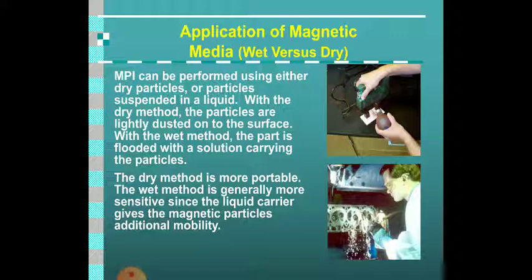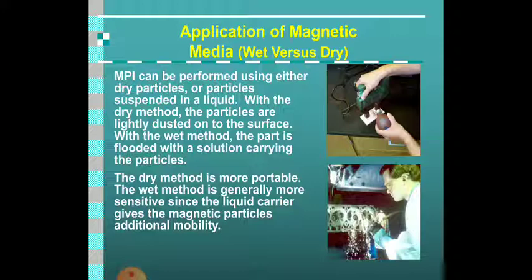With the dry method, the particles are lightly dusted on the surface. With the wet method, the part is flooded with a solution carrying the particles. The dry method is more portable than the wet method, and the wet method is generally more sensitive since the liquid carrier gives the magnetic particles additional mobility. So this is the application of magnetic media.